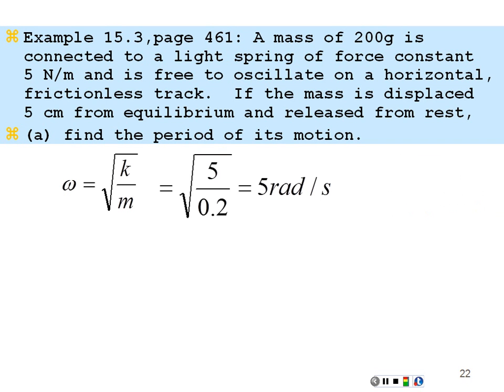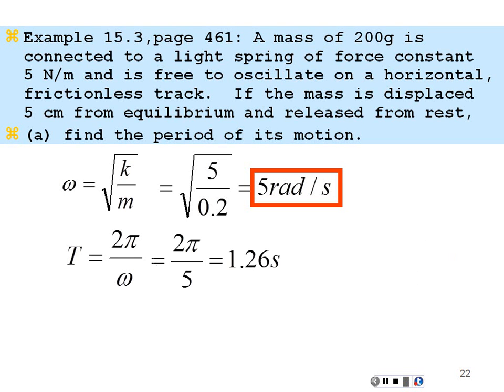K is 5, m is 0.2 kilograms. The square root of 5 over 0.2 is 5 radians per second. Once we get omega, we can get the period. Period is 2 pi over omega. 2 pi over 5 will give us 6.28 divided by 5, or 1.26 seconds. Sounds good.